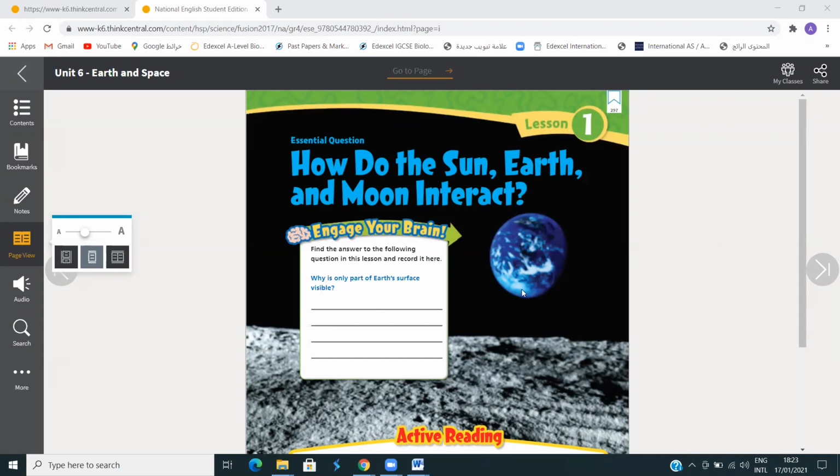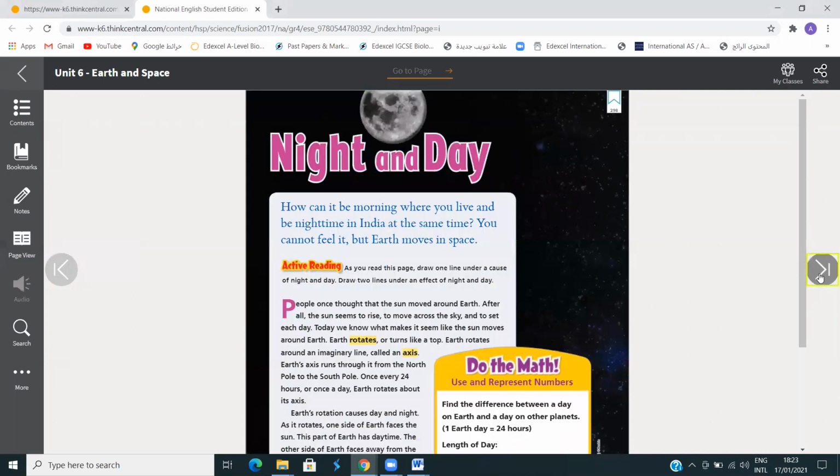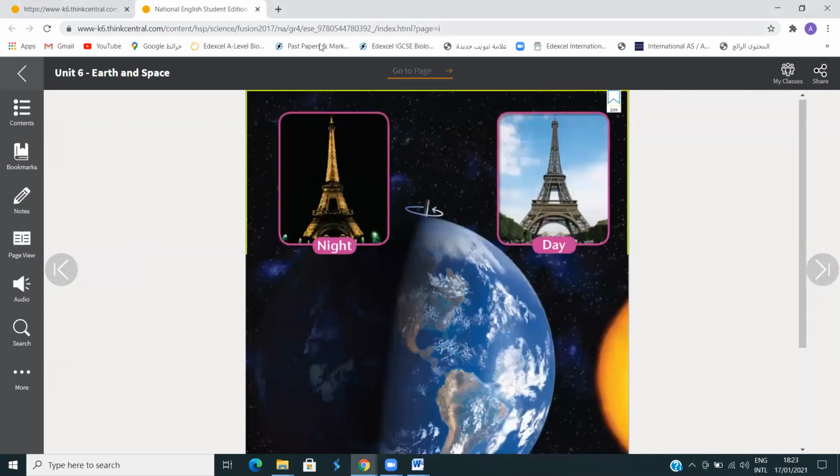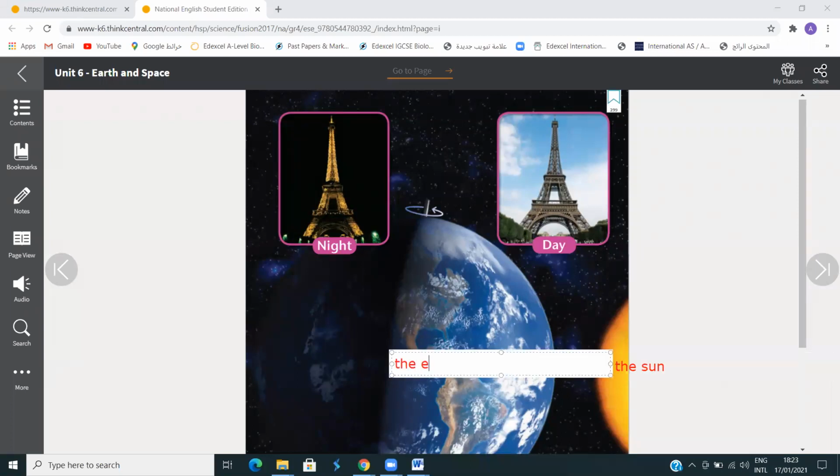When the Earth moves around the sun, we consider the sun like that. One minute to draw it to you, or that's it here in the image. You see here, that is the sun, and that is the Earth here.